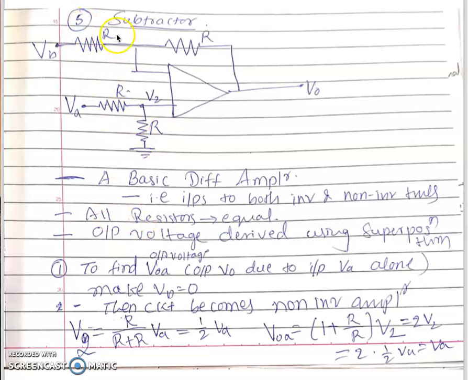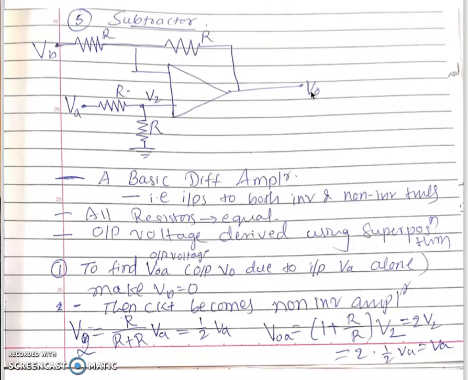And if we see the design, all the resistors used over here are of equal value, and each resistor has the value of R ohms. That is why each resistance is marked with the value R. And we are going to find the output voltage by applying the superposition theorem. Now let us see what the superposition theorem says.